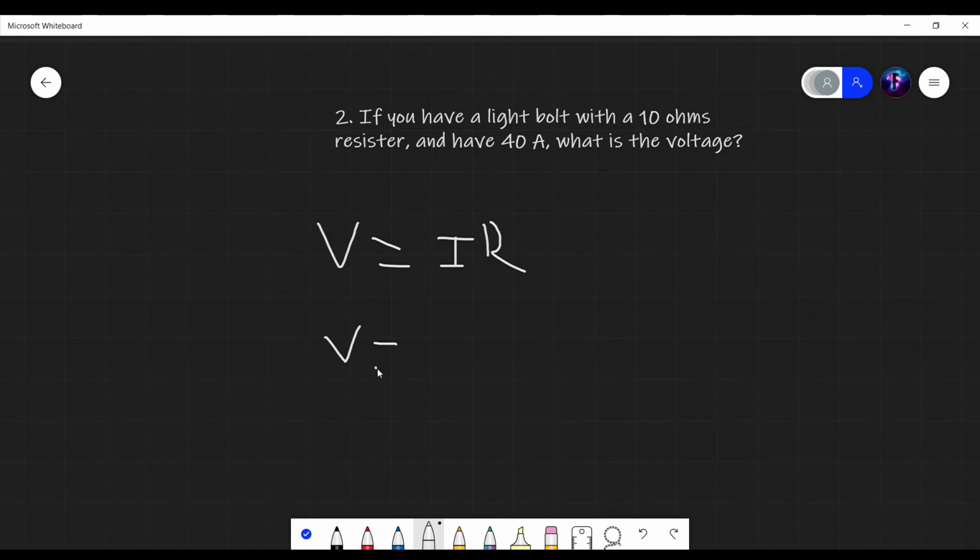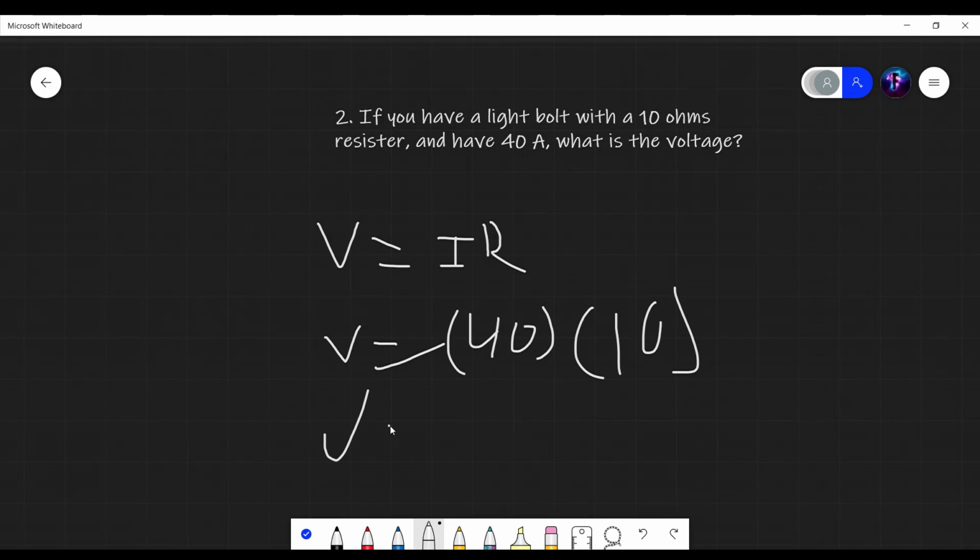So V equals I, you know the I is 40 amps, you're gonna times it by 10, which is the resistance, and you get 140. So the voltage is 1. Okay, I do my math really bad, but it's supposed to be 400 volts. So the answer to it is 400 volts.